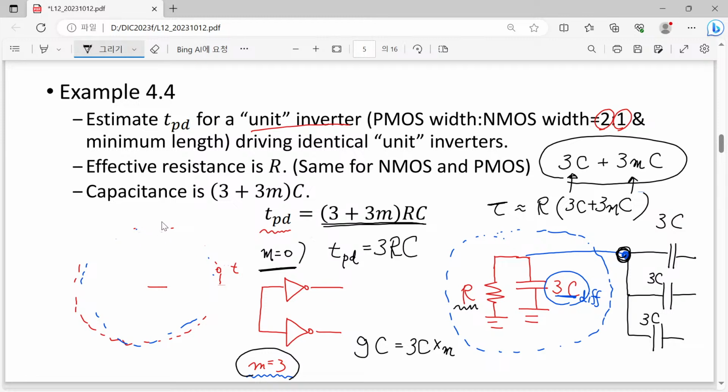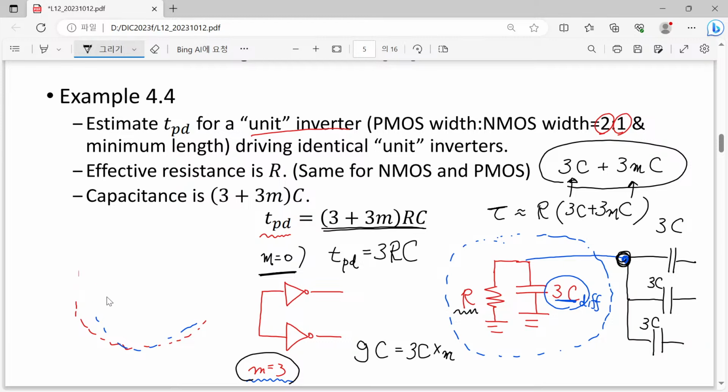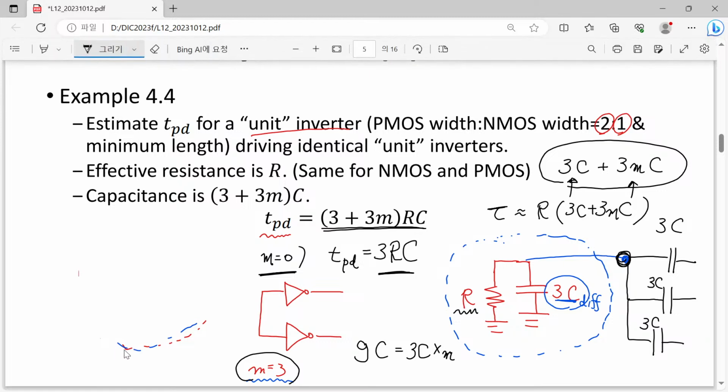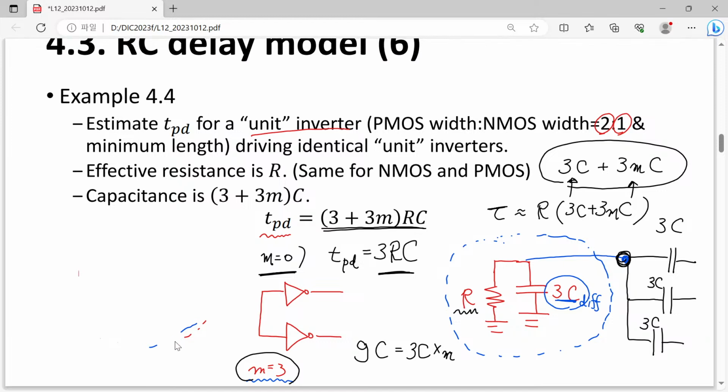Since the inverter is the simplest logic gate we can imagine in this lecture, in this given technology, this number 3 times RC is the shortest time scale we can expect from any kind of logic gate.